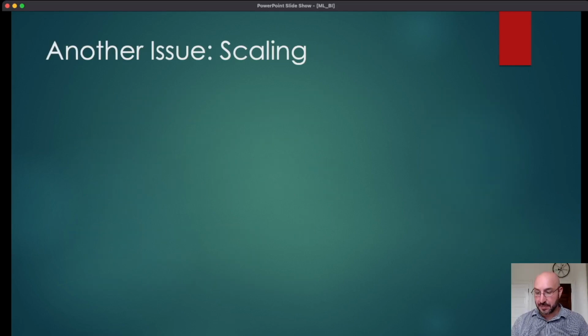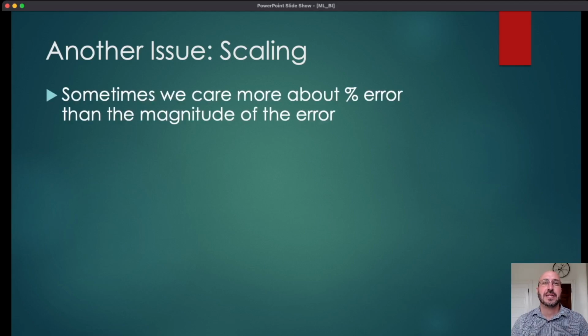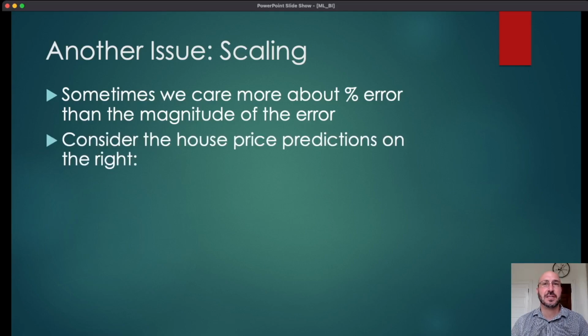There's another issue that comes up when you talk about point predictions, and that's scaling. In some problems, we might care more about the percentage error than the magnitude of the error. As an example, let's consider the house price predictions on the right.